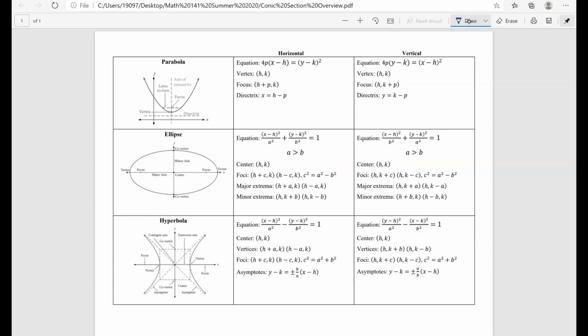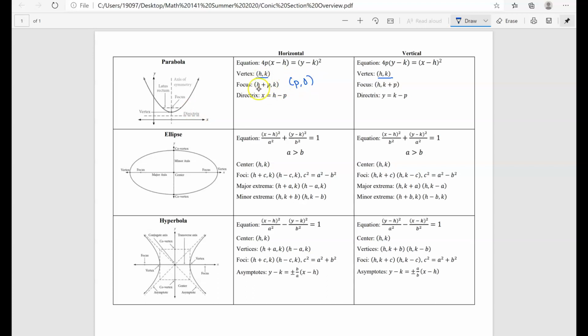Now basically the vertex of a parabola is no longer at 0, 0, it's at h, k. So I wrote it down here. When we're talking about parabolas, the focus would be p comma 0.